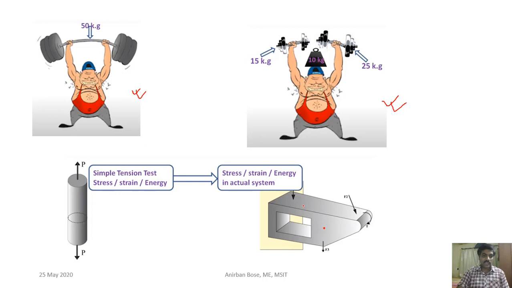In a simple tension test, suppose P is the load that is applied, and because of that we get certain strength values, and what we do is compare with this different general kind of loading.